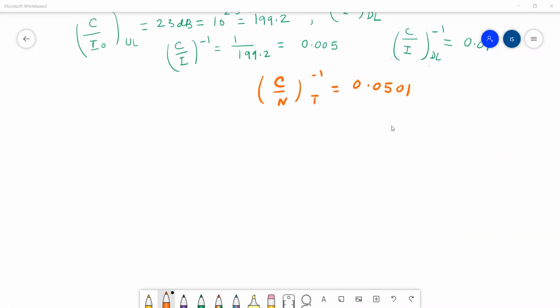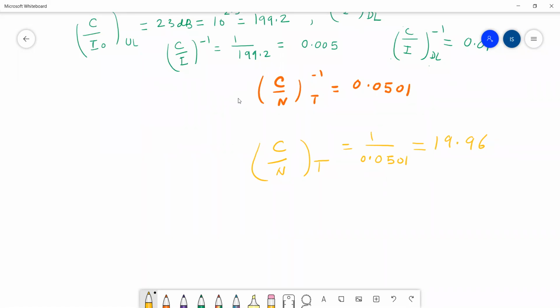So C by N total is equal to 1 by 0.0501, so it will be 19.96. Okay, now we have to convert it into dB.